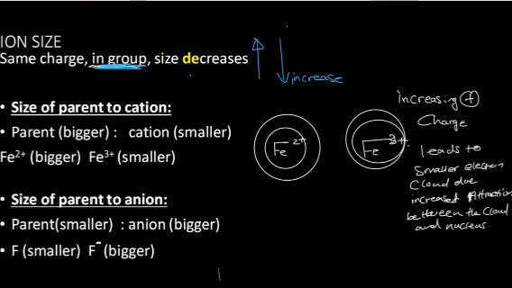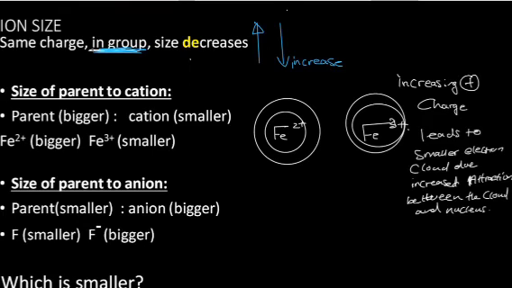Now let's look at the size of parent to negative ions. Let's say this was the size of fluorine. When you add an electron to the fluorine, there's going to be a repulsion between the electrons, so they're going to try and get further away from each other.